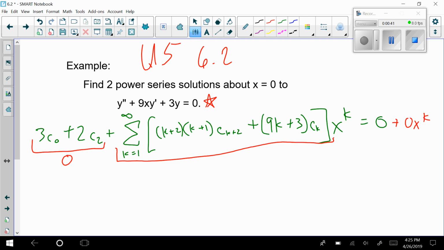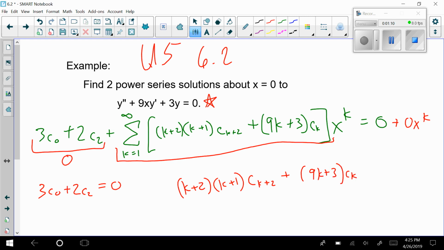All right, so when I go to set this thing up, I'm going to have 3c sub 0 plus 2c sub 2 equals 0. Then I have k plus 2 times k plus 1 times c sub k plus 2 plus 9k plus 3 times the c sub k, and that also equals 0.